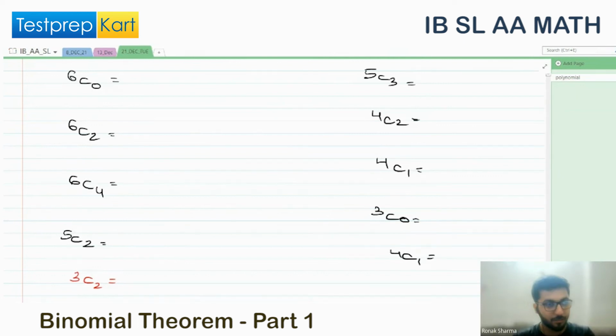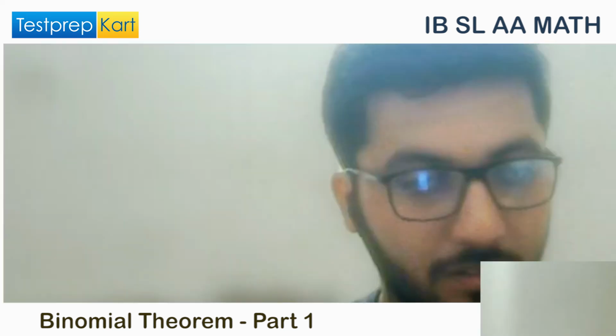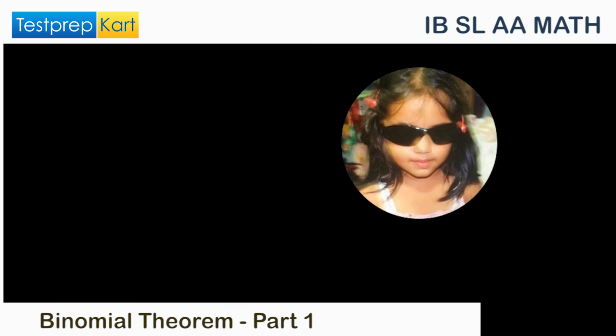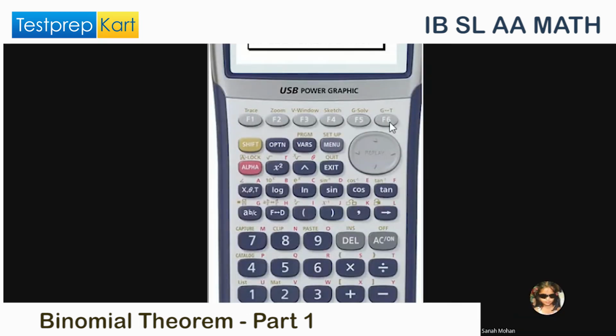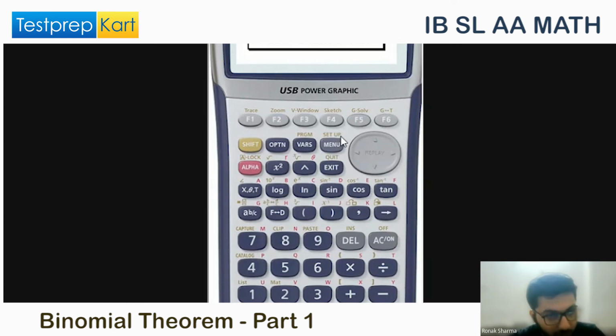Just a second, let me open my calculator. I have Casio, but yes, I hope you will be able to follow. Can you see the calculator? Yes. So we have the formula.